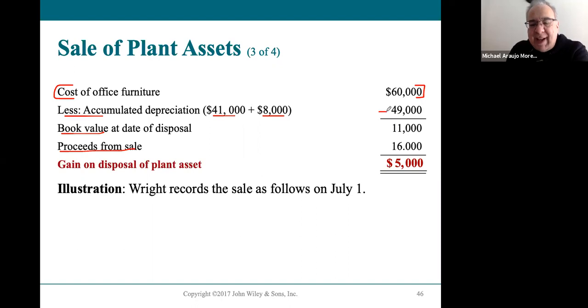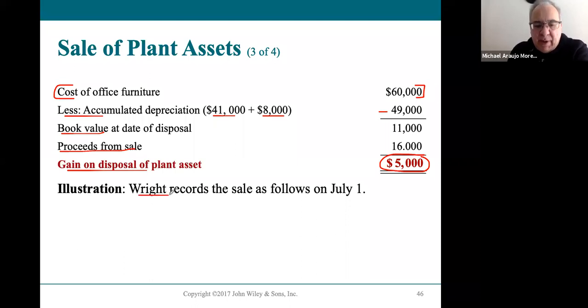So we subtract out the $49,000 in accumulated depreciation. So the book value was 11,000. We sold it for 16,000. And so the $5,000 extra has to be reported as a gain on the disposal of these assets.